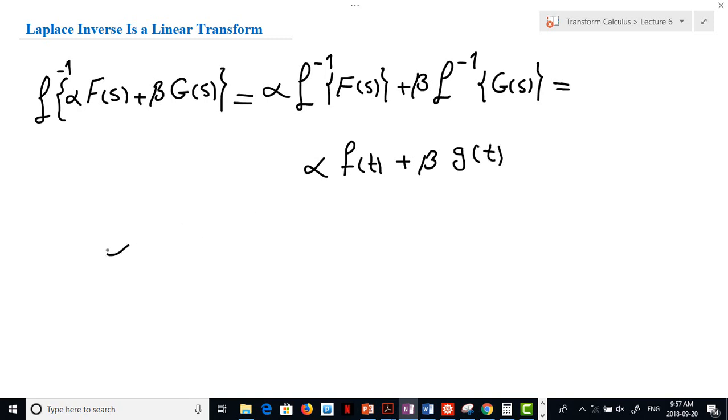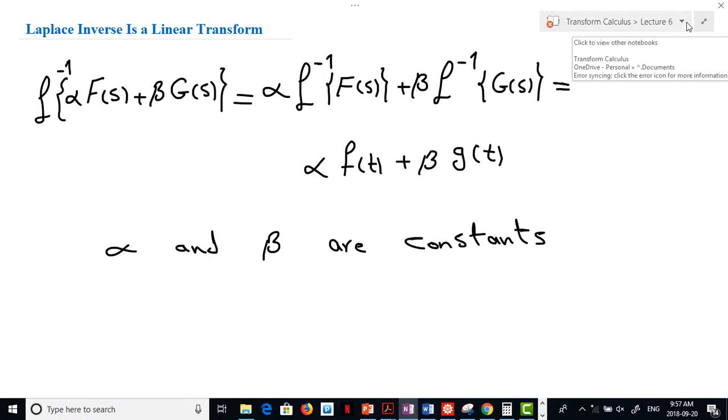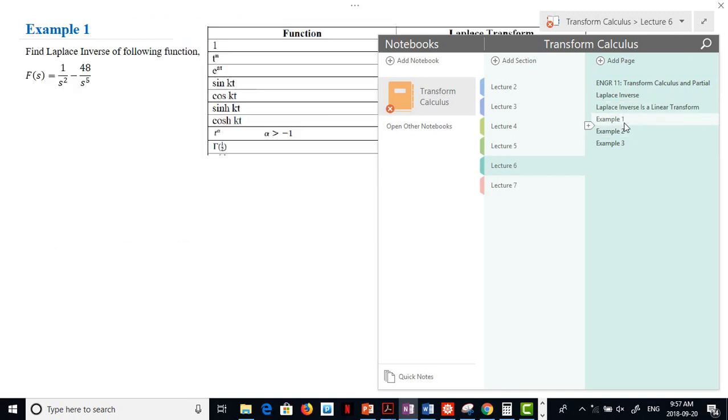As I already said, alpha and beta are constants. Now we use the definition of Laplace inverse and the linear property of Laplace inverse to solve some examples.